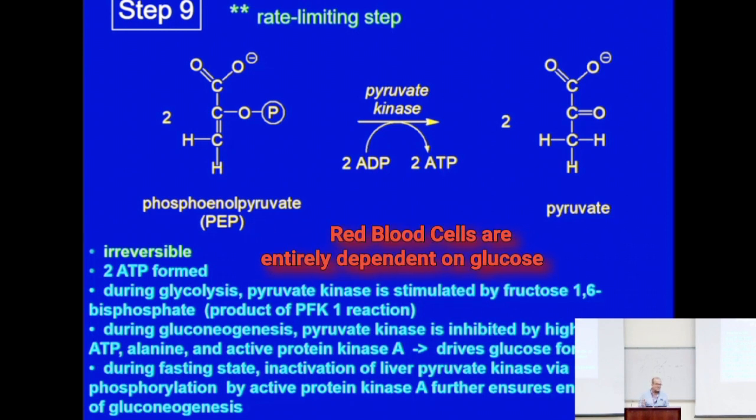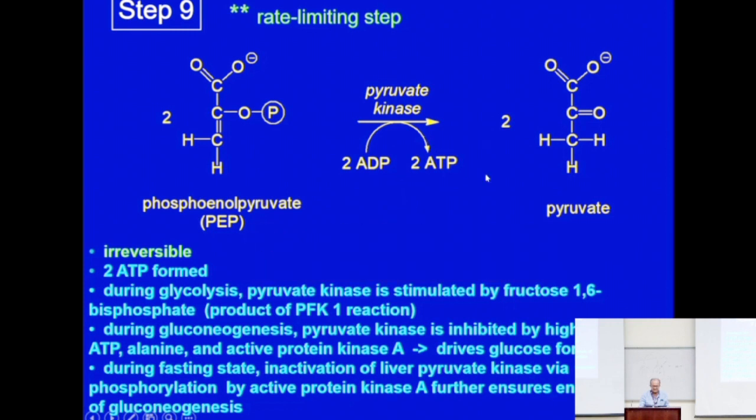So the only energy producing pathway in red blood cells is glycolysis. So if you have a deficiency in this enzyme, you are removing 2 ATPs from the energy output of glycolysis.